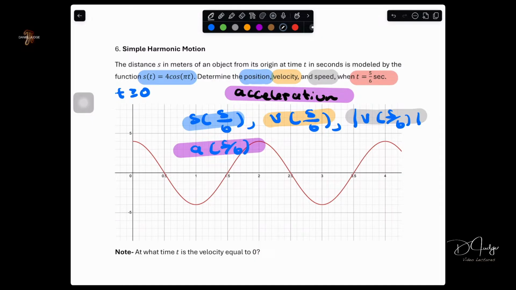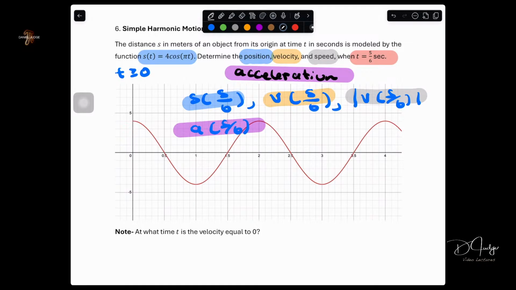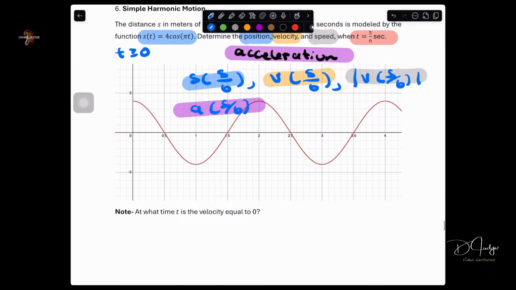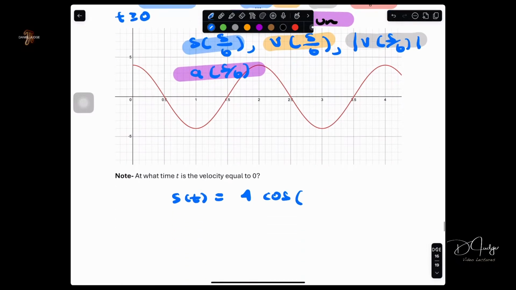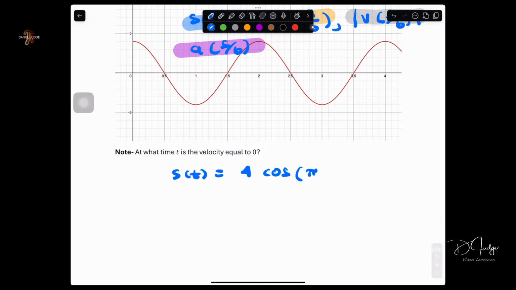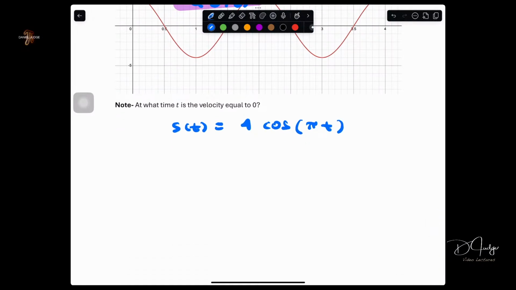All right. So our position function is 4 cosine pi t. So let's write this down. Now t is simply the value 5/6.